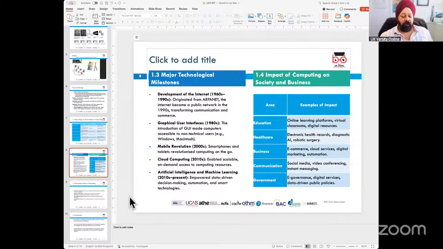But if you look at where it came from, the internet started off as a peer-to-peer sharing service by the US military department, called ARPANET. These were defense research departments that used a closed network to share information amongst colleagues in different locations.